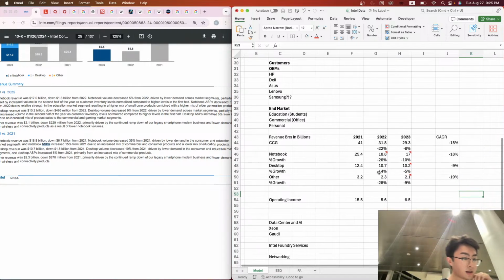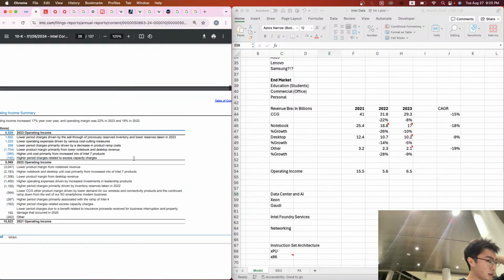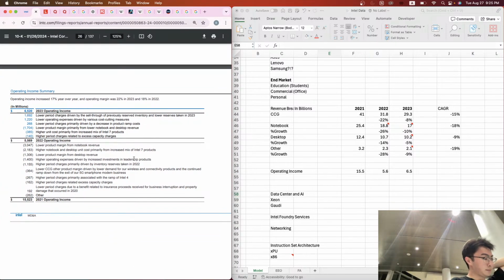Yeah, I think I'm getting caught up here a lot. I do want to take a look at, let's see, lower period changes driven by the sell-through of previously reserved inventory.